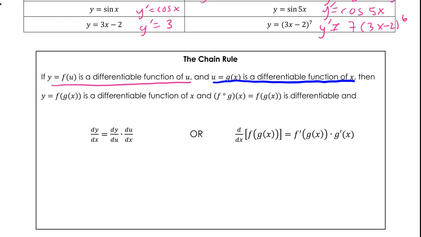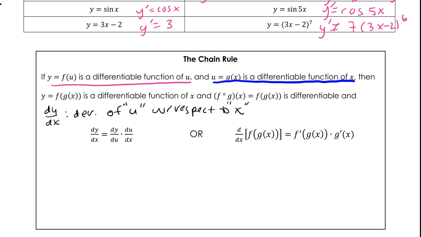If you look at this first part, we're used to this dy dx, that means derivative. We almost always have x and y in our functions. But this thing is new, dy du and du dx. So let me just tell you what those mean. du dx is the derivative, I'm going to use shorthand here, of u with respect to x.